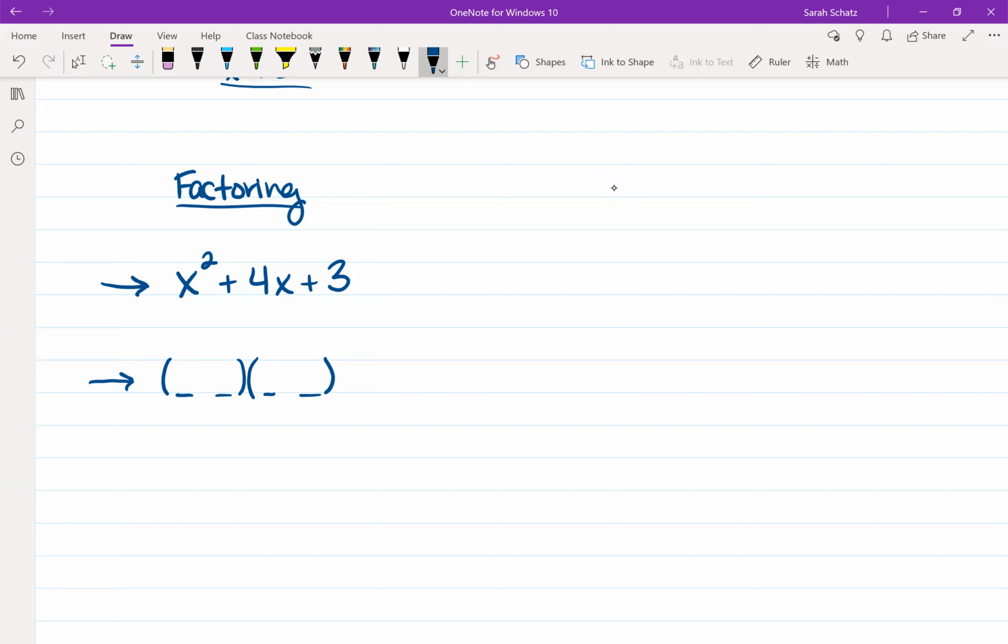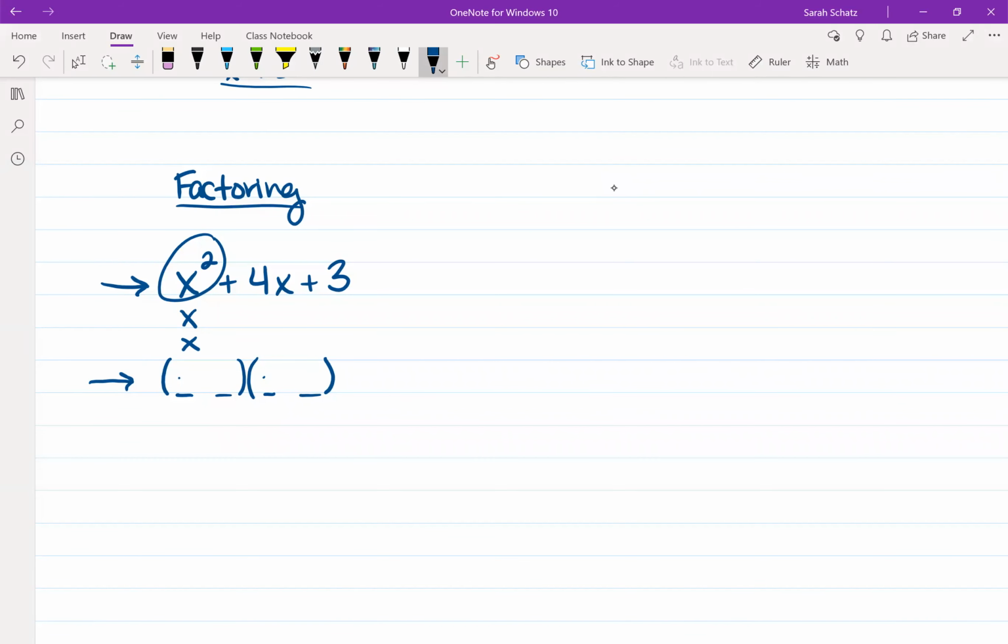The first term in each of these binomials comes from factors of your very first term here. Our first term is just x squared. The easiest way to factor that would be x times x.